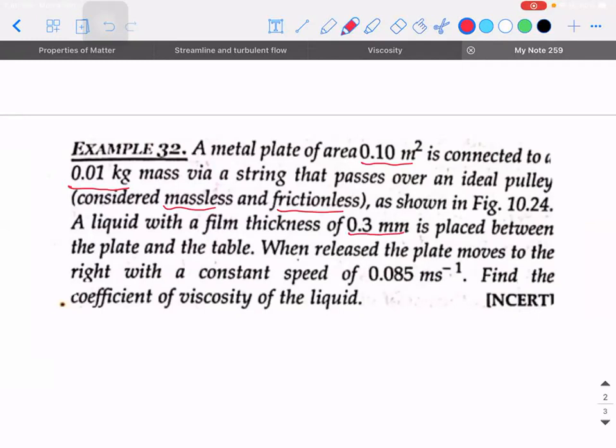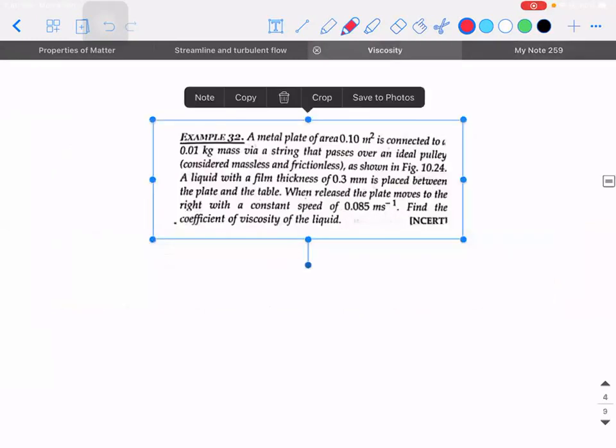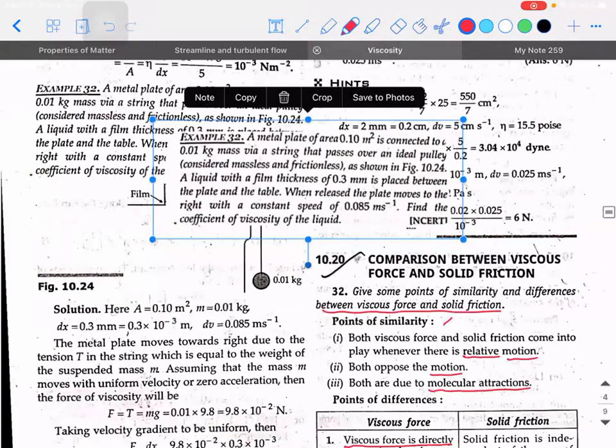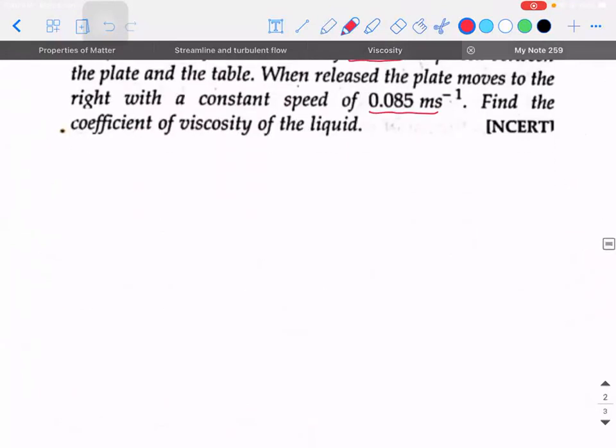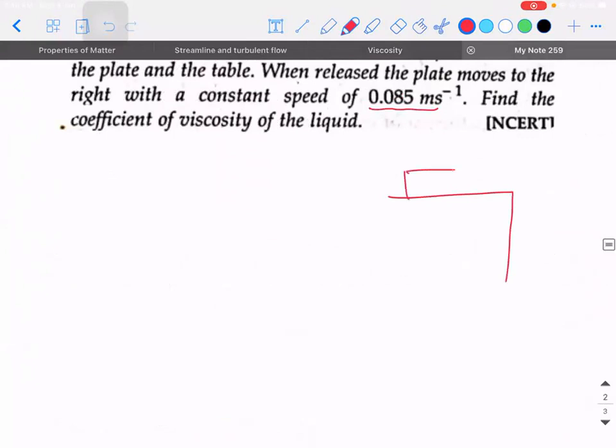When released, the plate moves to the right with a constant speed of 0.085 meter per second. Find the coefficient of viscosity of the liquid. Okay. This is how it is. 0.01 kilogram, let's call it M.